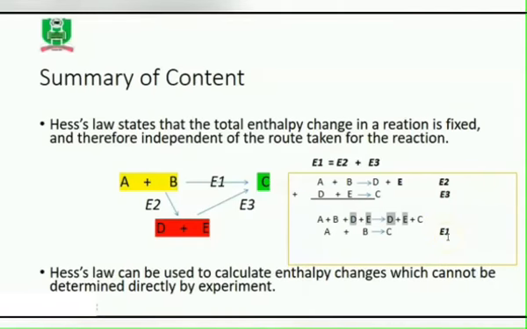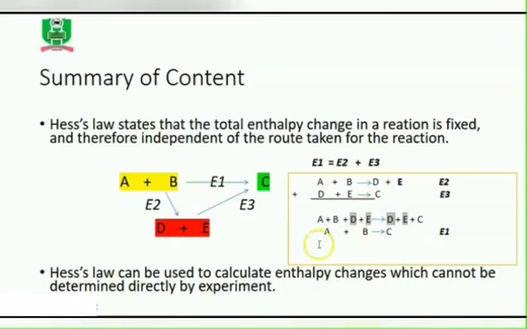Now, what is the application of Hess's law? What is the utility? Hess's law can actually be used to calculate the enthalpy change of a reaction that cannot be determined directly experimentally.